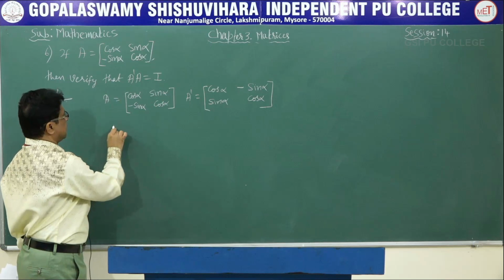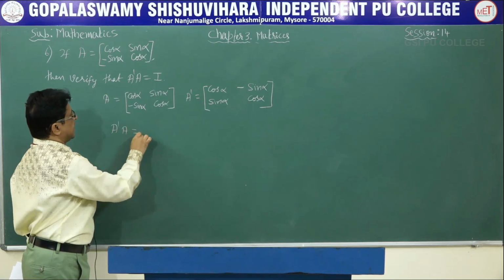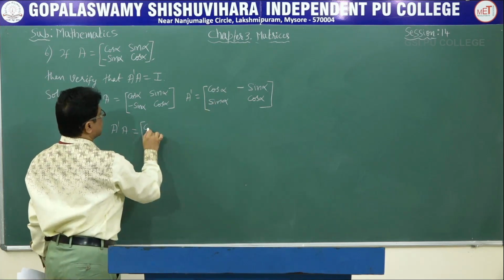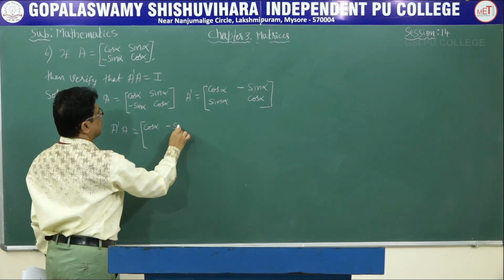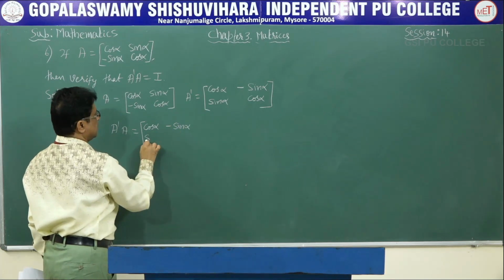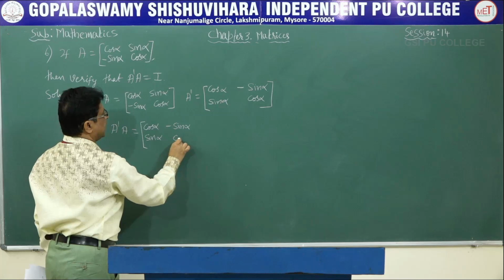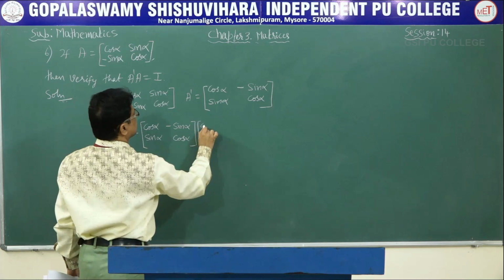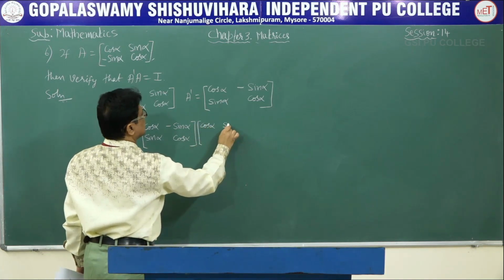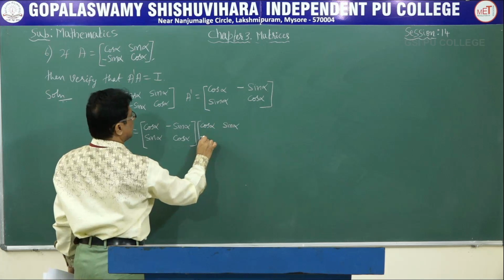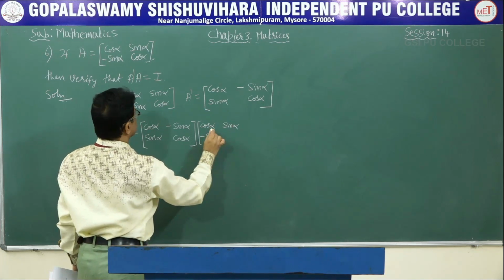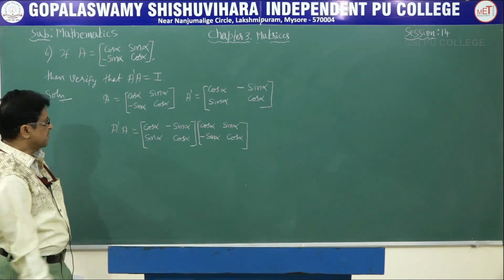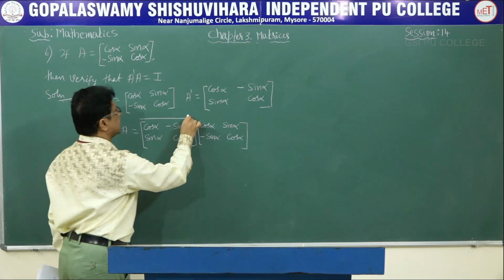Now we shall take the product A dash into A. So first we shall write A dash, that is cos alpha, minus sin alpha, into A, that is cos alpha, sin alpha, minus sin alpha, cos alpha.